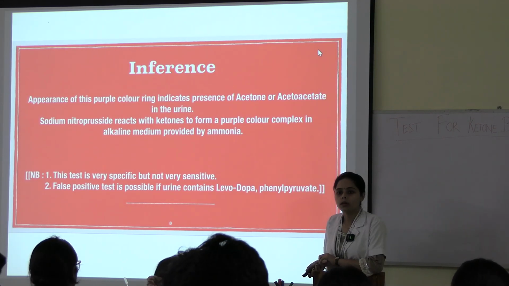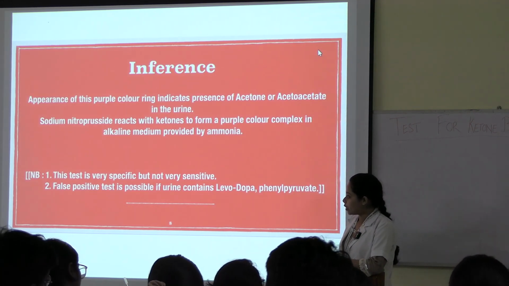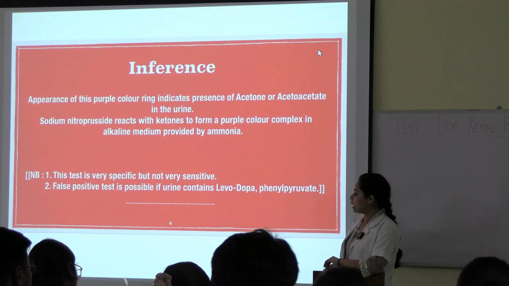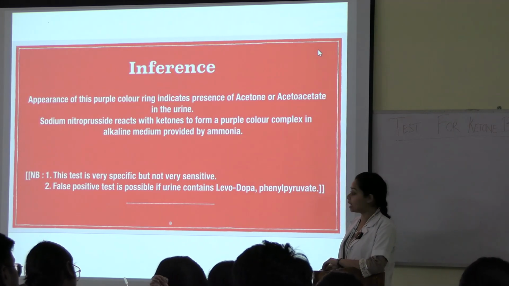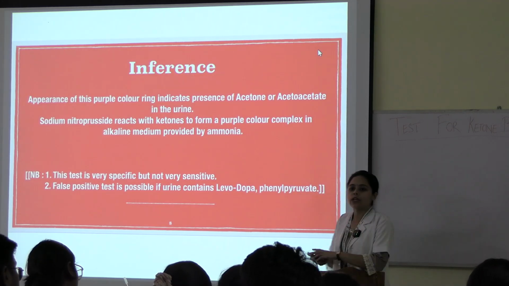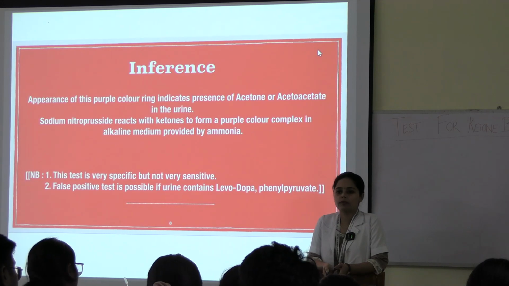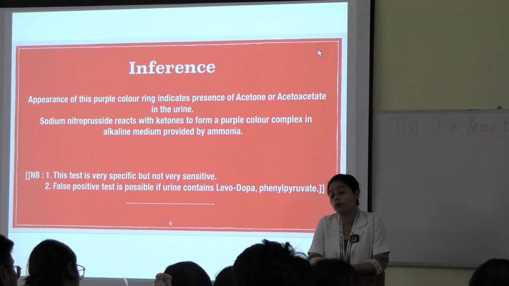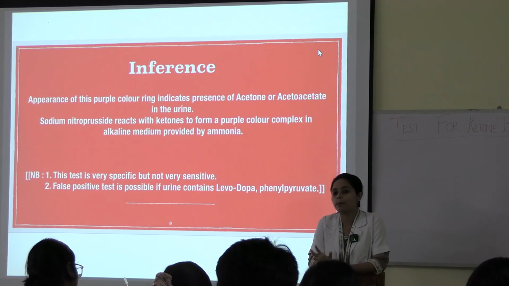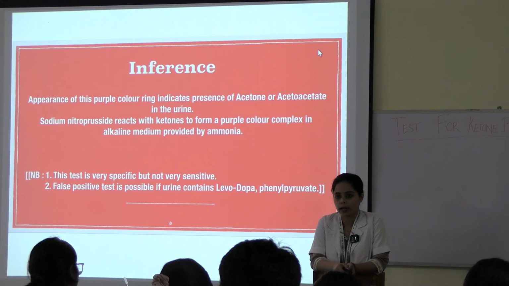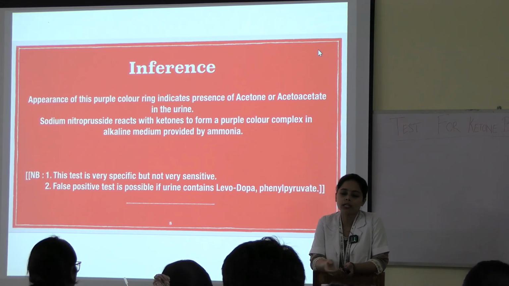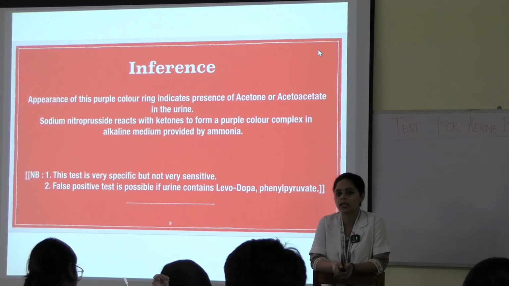Levodopa is a drug we give in the treatment of Parkinsonism. So if the patient from whom you took the sample is taking levodopa, Rothera's test can give you a false positive.